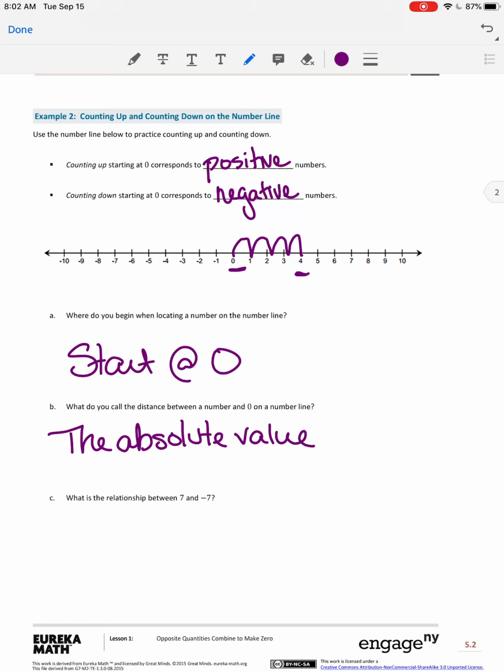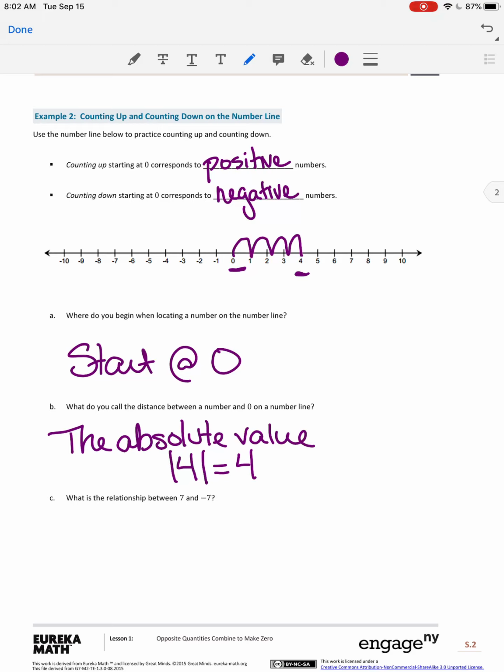And in math, we use the absolute value to talk about the distance between a number and 0, and we use the notation, if I want to find the distance between 4 and 0, I say, what is the absolute value of 4? And the unit is spaces, so the absolute value of 4 is 4. You might have learned somewhere a trick that absolute value is always positive, and that's true because distance is always positive.